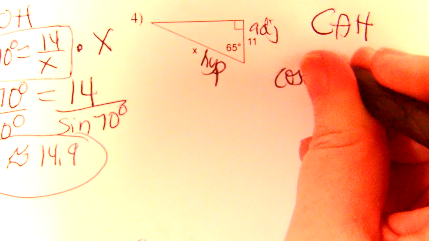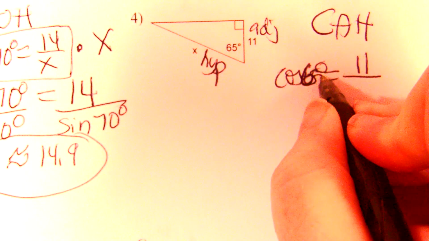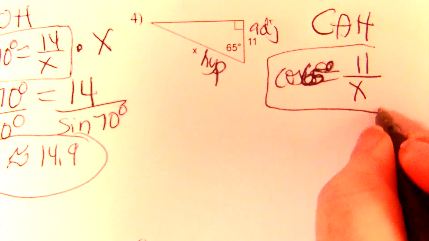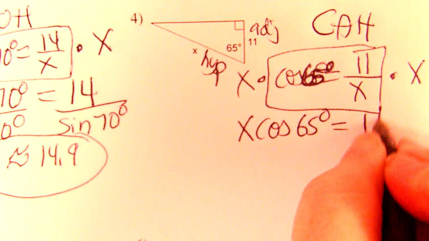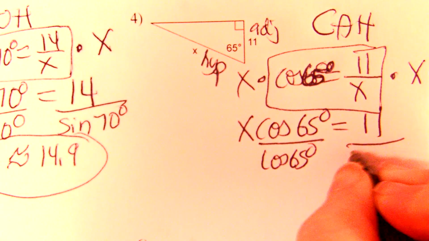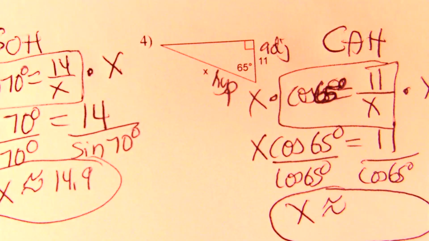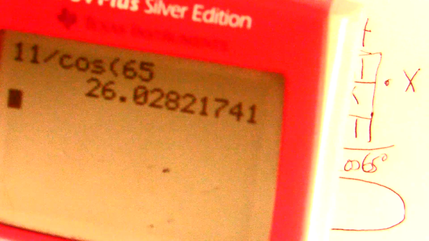Cosine of 65 equals 11 over, it doesn't look like a 65, but it is. 65 degrees equals 11 over x, put a box, times x, divide by cosine 65. 11 divided by cosine 65. 26.0, and the next number is a 2, which is 4 or less, so it stays, so 26.0.